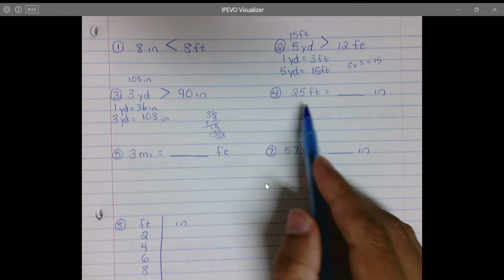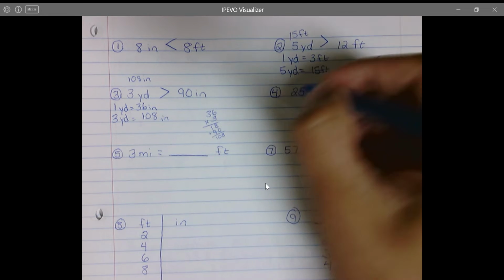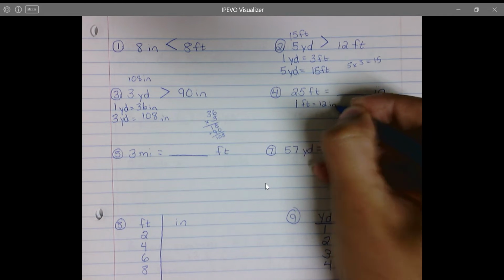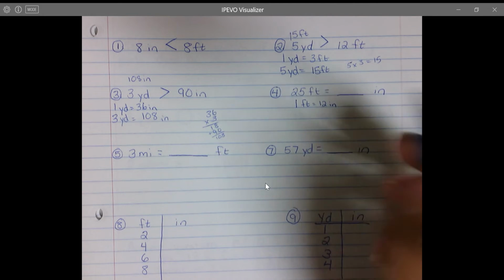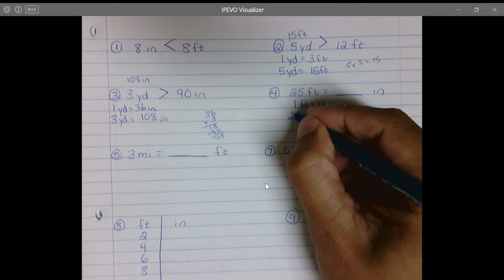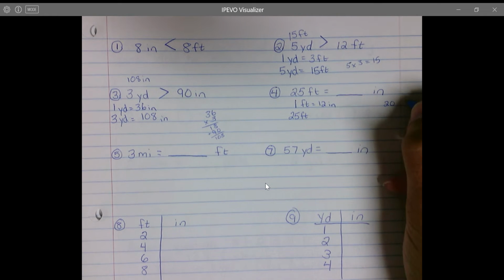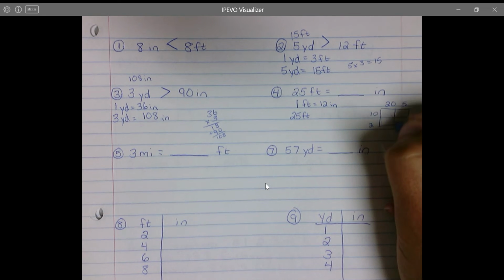All right, number 4, 25 feet is equal to blank inches. Well, using my reference sheet, 1 foot is 12 inches. So I would have to do 25 multiplied by 12. I could do that 20 and 5, 10 and 2 using an area model.